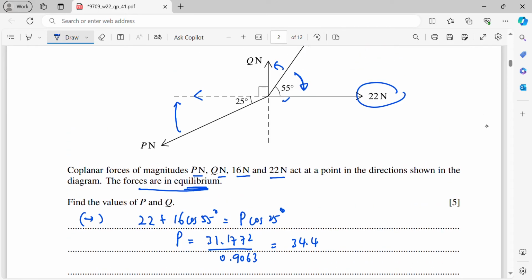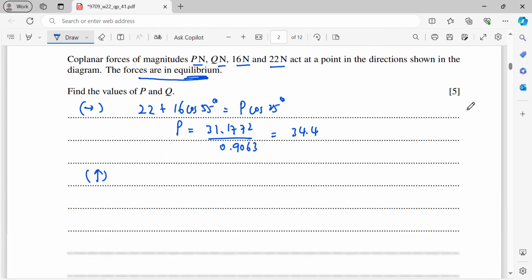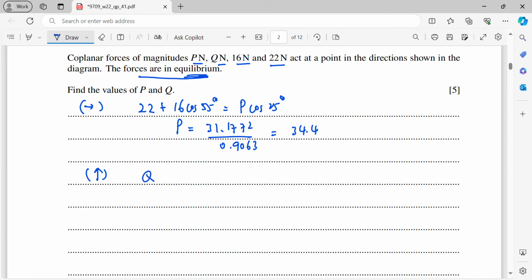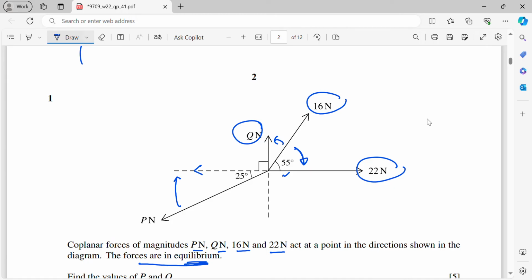and upwards force is considered as positive. Therefore, firstly you have the Q newtons, which is already the upward force, that is the Q, and it is positive because it's pointing upwards. And then now I have to resolve my 16 newtons vertically, and this angle, I don't want to use this angle, I'm going to use 55.